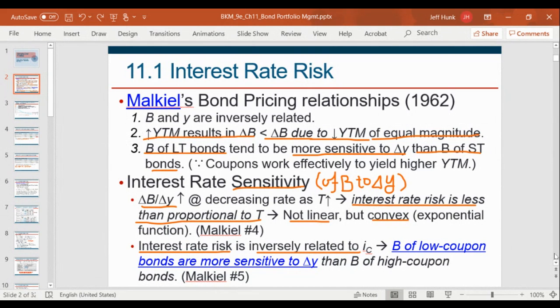When the interest rate goes down 5%, the price will go up. That change in price will be greater than the change in price when the interest rate goes up. When the interest rate goes up, the price will go down, so the change in price will be negative, right?